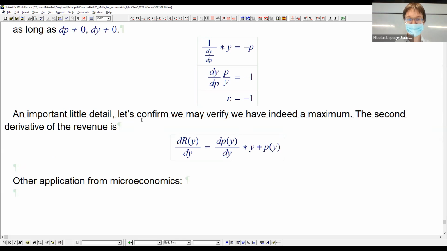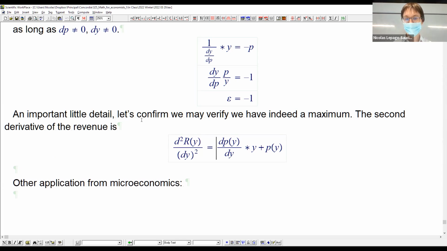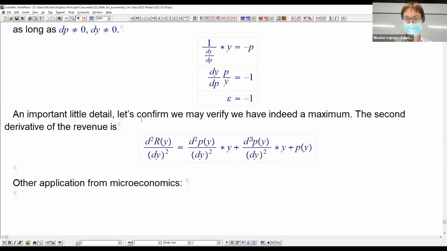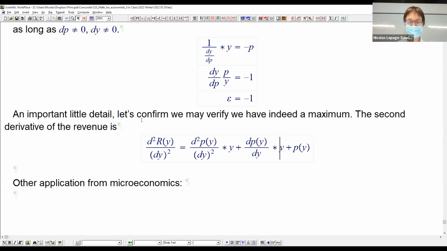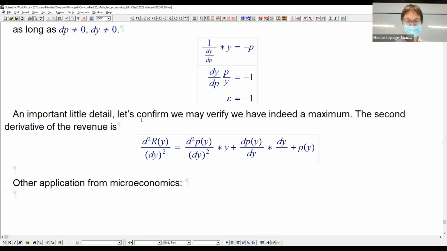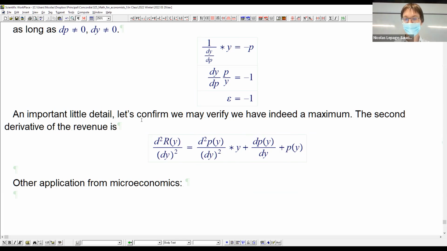So this is the first derivative. So it's d over dy. And what do I get? Well, it's d squared p over dy squared times y plus, and then dy over dy is 1 again, and here I get dp of y over dy.